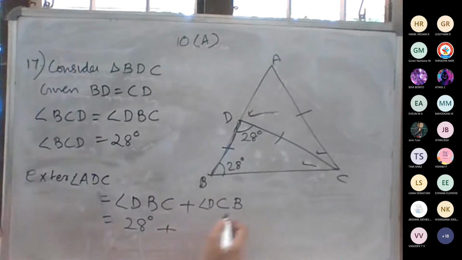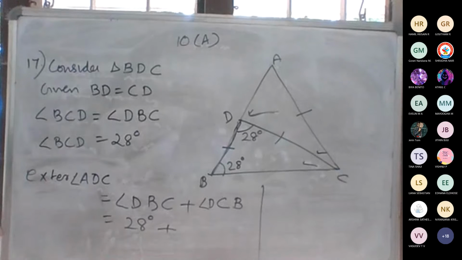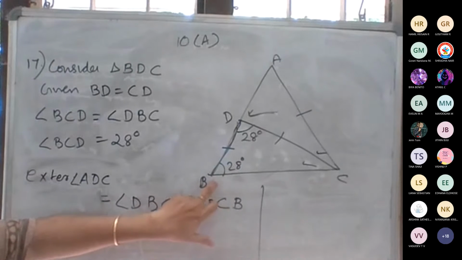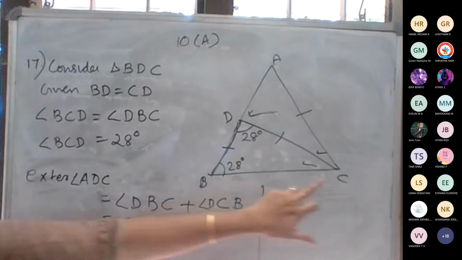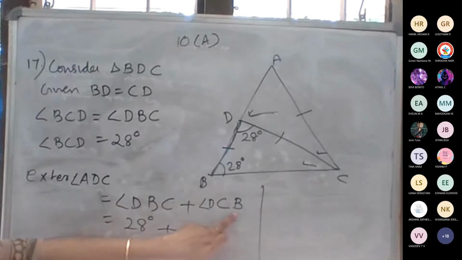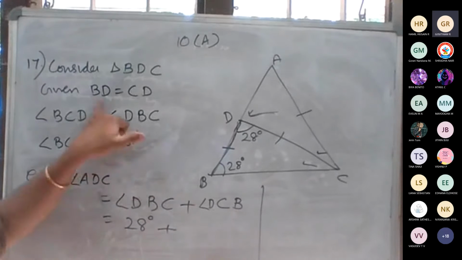Before the exterior angle ADC, you have written BCD is equal to 28 degrees, but in the figure you have marked BDC is equal to 28 degrees.